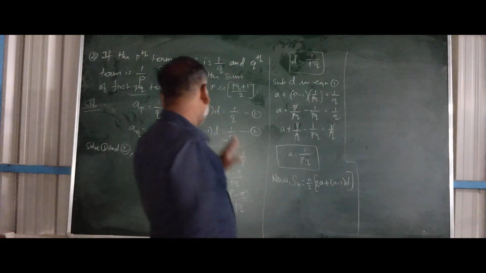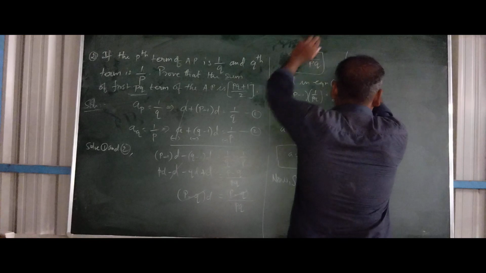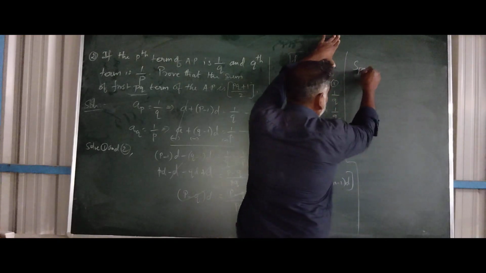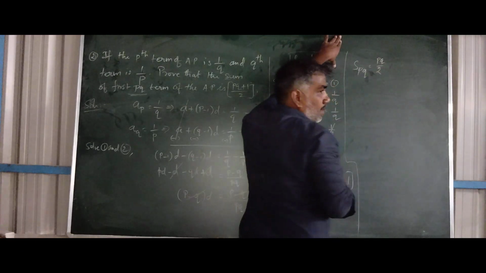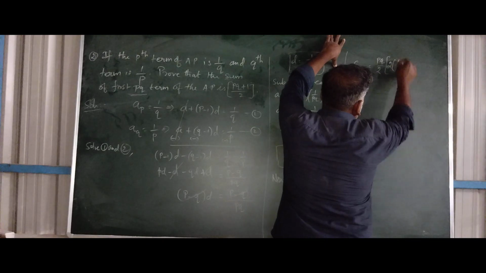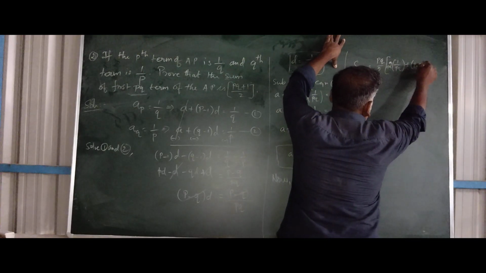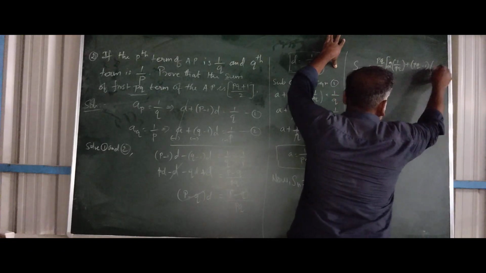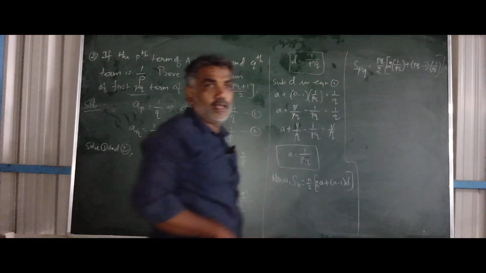Okay. So now I have to find the pqth term sum, isn't it? So therefore Spq is equals to pq by 2, n place la pq apply பண்ணோம், into 2 into 1 by pq plus pq minus 1 into 1 divided by pq. சரியா?